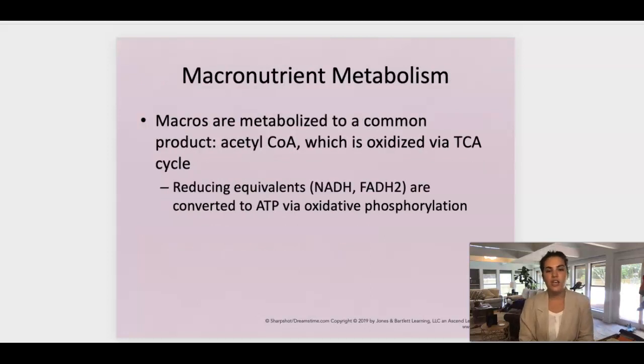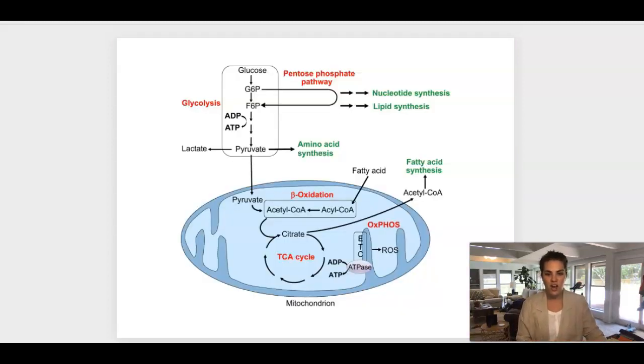All right. So another way that each of these metabolic pathways is connected is that many of them are metabolized into a common product, and that is acetyl-CoA. So I'll show you here. You'll see that in glycolysis we make pyruvate.